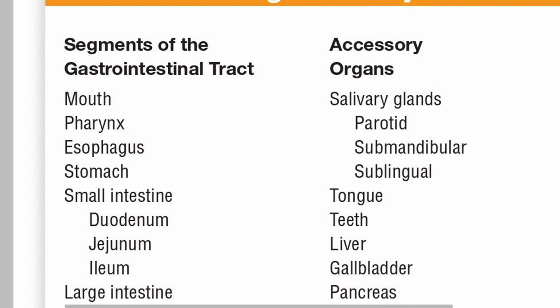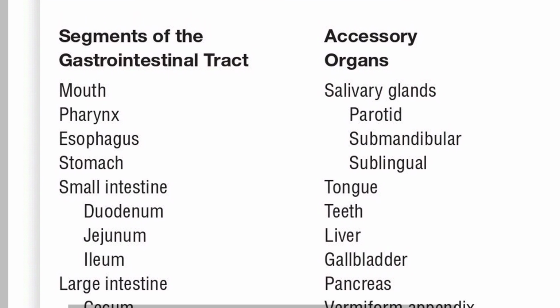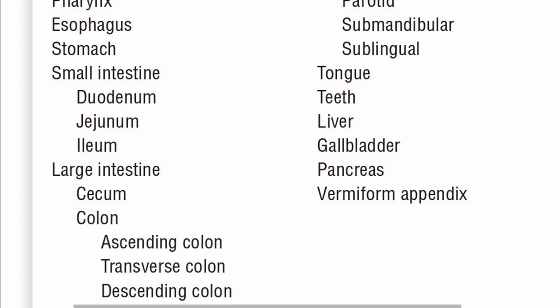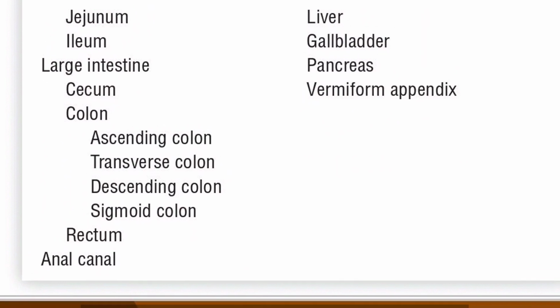So in your syllabus you need to study, for example, the oral cavity or the buccal cavity, that is the mouth, then the structure of pharynx, then the structure and histology of esophagus, what are the functions of esophagus, similarly the structure, histology and function of stomach, small intestine, large intestine, rectum.